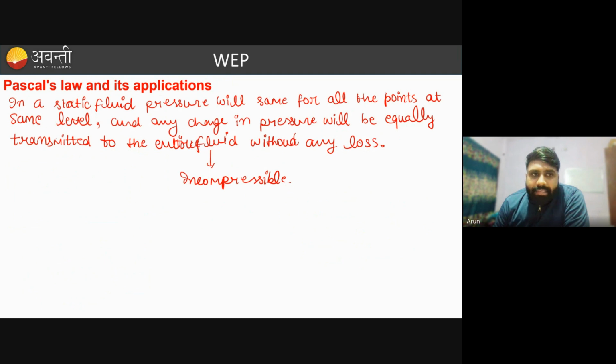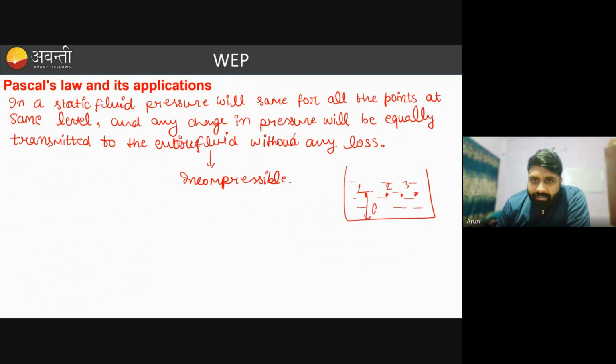Application of Pascal's law: if you see, this is a jar we have, and consider this is point 1, this is 2, this is 3, but they are at the same height, or you can say the same depth. So the pressure P1 is equal to P2 is equal to P3.